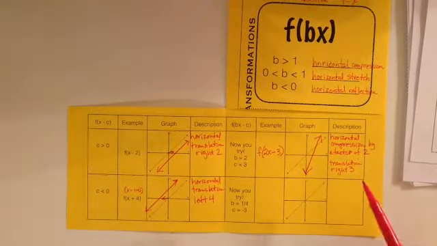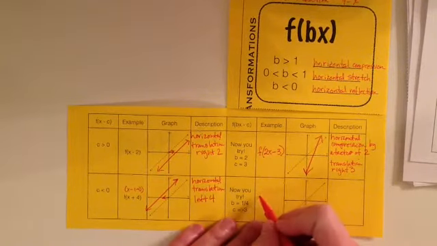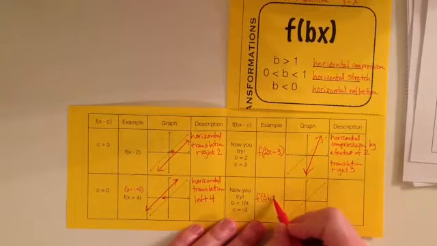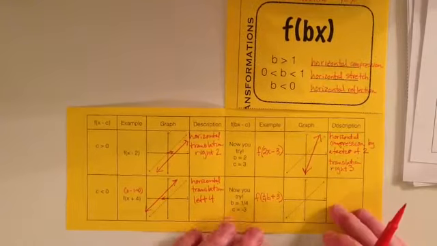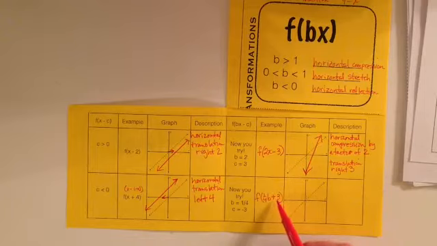Okay? And so now let's try this one, where b is 1/4 and c is minus 3. So I've got f of 1/4 x plus 3, because it's the same as minus -3, which is plus 3. So I know that because I've got 1/4, I've got a stretch, a horizontal stretch by a factor of 1/4, and a translation left 3.